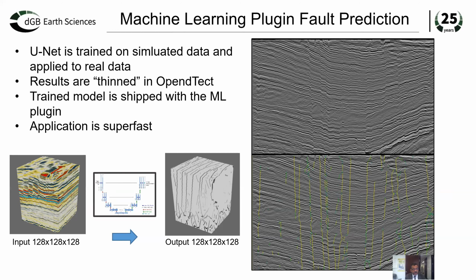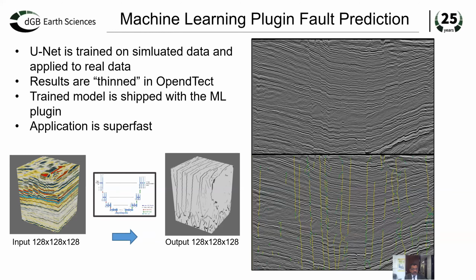It's called the UNet, and it's already pre-trained based on a synthetic data set as well as a fault data set used as the training data set. So when you get the machine learning plugin, the predefined, pre-simulated training data is also part of it.